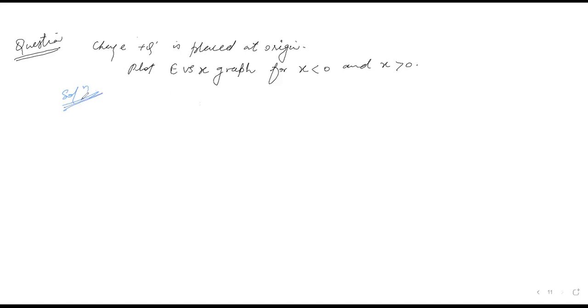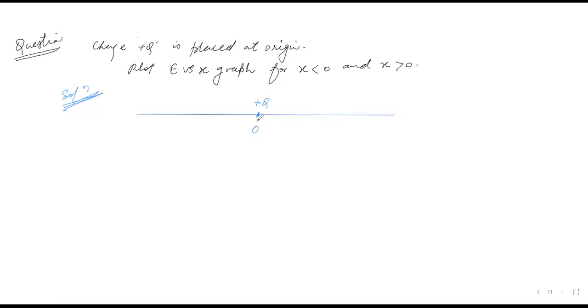Please note that suppose we have a point like this of plus Q charge. This is the origin. And now it is saying to plot the E versus X graph for X less than 0 and X greater than 0. If you are drawing a coordinate like this, then what will be the X greater than 0?